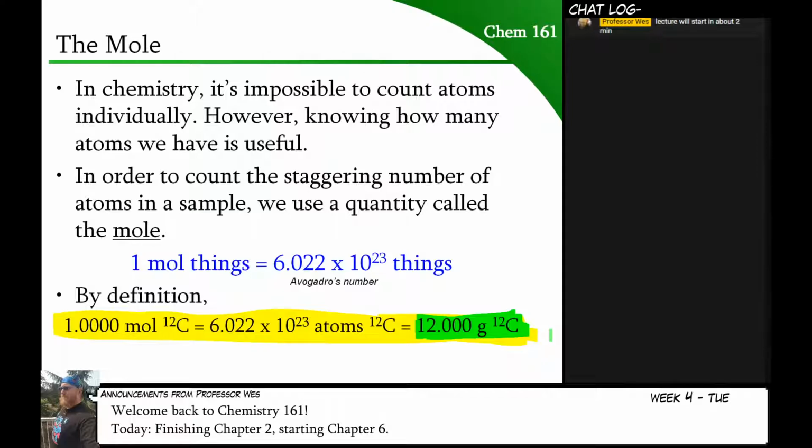Or if you just want to use all of the isotopes collected together as a generic element, you could take the atomic mass off the periodic table and replace it there, and then you're all set. The other numbers don't change. 1 mole is always the initial amount that we're going to refer to, and in a mole there are always Avogadro's number of things.